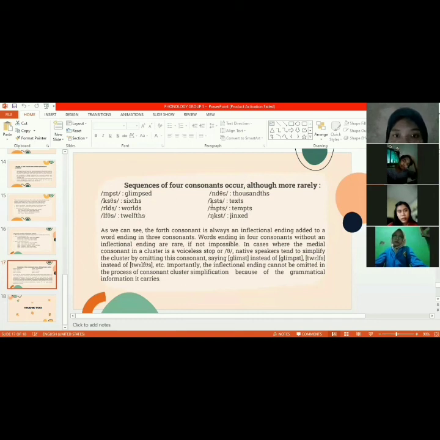And then K, S, T, S, from the word text, we can see at the end of the word.